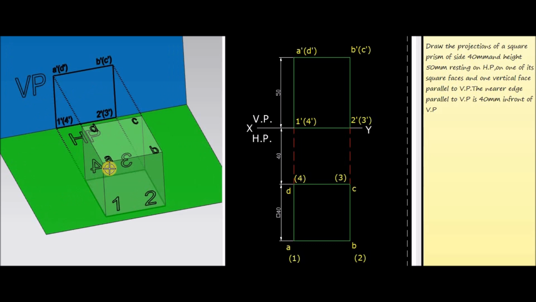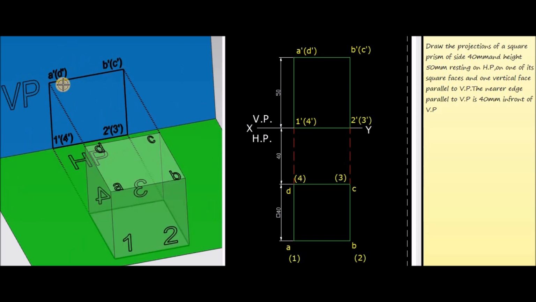Corresponding to the points A and B, when we are looking from the front side, these corners are visible and are represented outside the brackets as A dash, B dash. Corresponding to A and B, at the back side the points are D and C. These corners are not visible when we are looking from the front side, so they are represented inside the brackets as D dash and C dash.